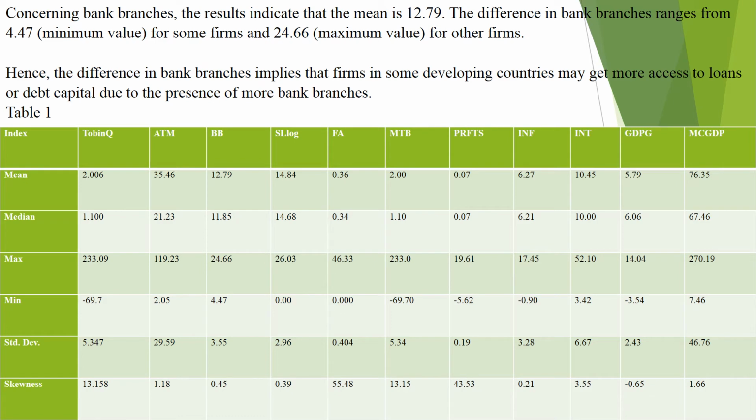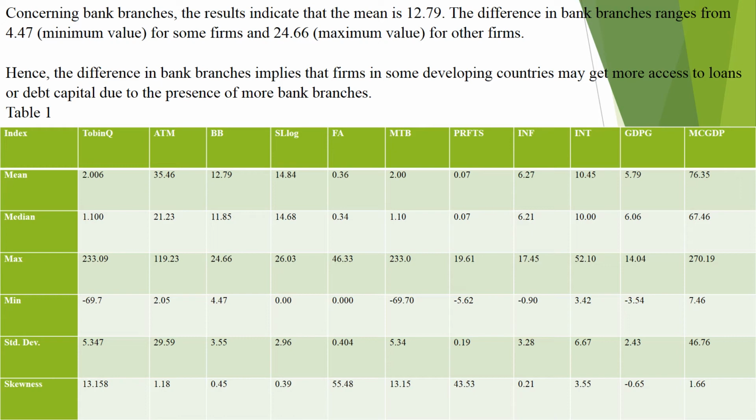Likewise, for the bank branches, the mean is 12.7, and the differences in bank branches range from 4.4 to 24.6, that is, from the minimum to the maximum respectively.